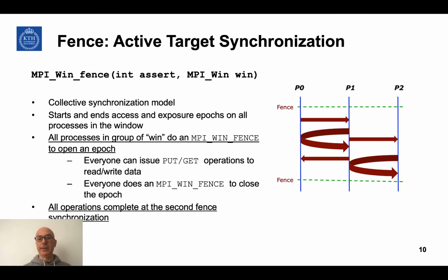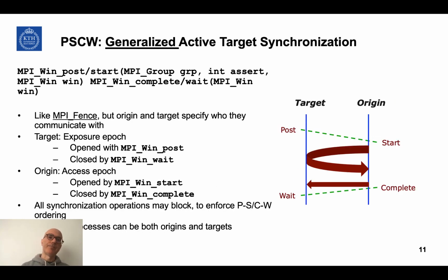That means that everyone can make put and get operations to read and write data after we start our epochs with the fence. Also, everyone does an MPI fence to close the epoch at the end of our epoch where we did all the MPI put, get, or accumulate. All the operations complete at the second fence of the synchronization. So we ensure that after this fence operation, all the communication is completed.